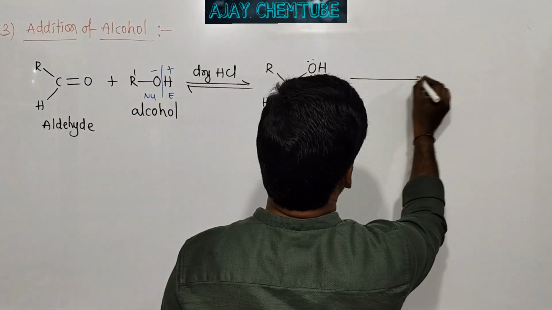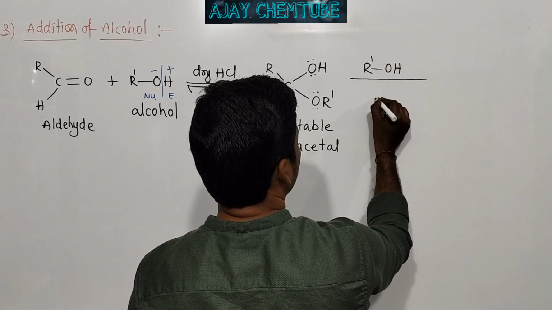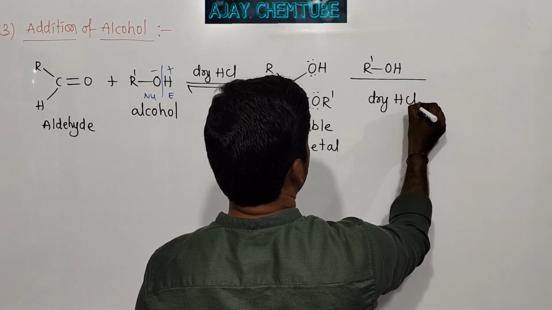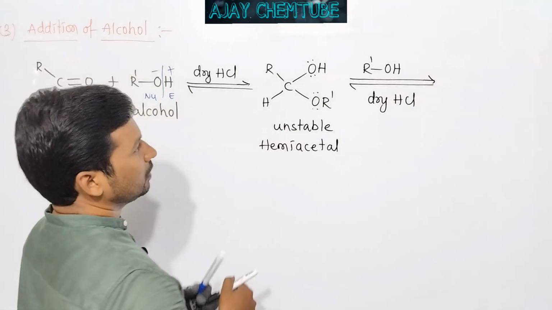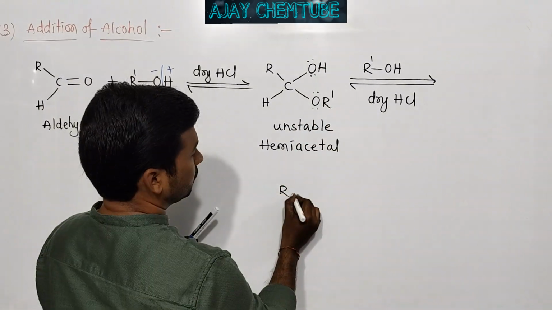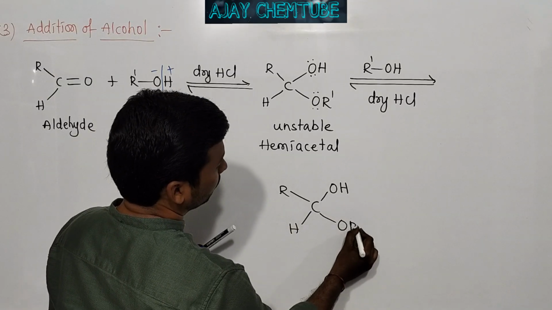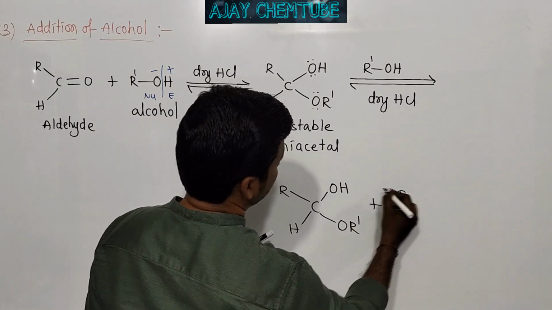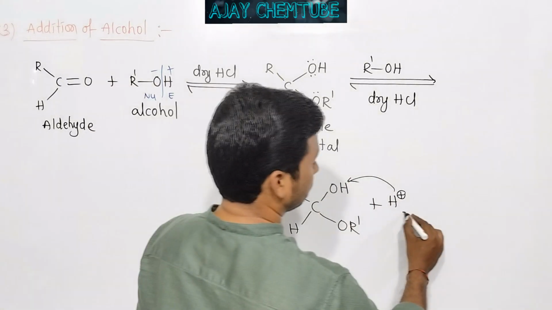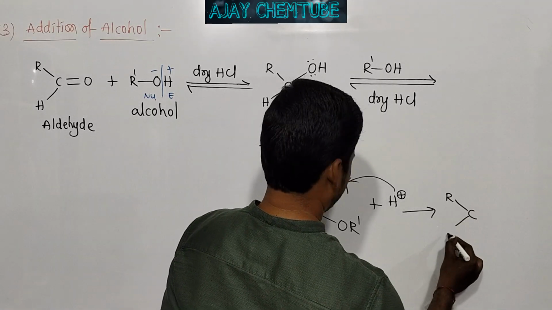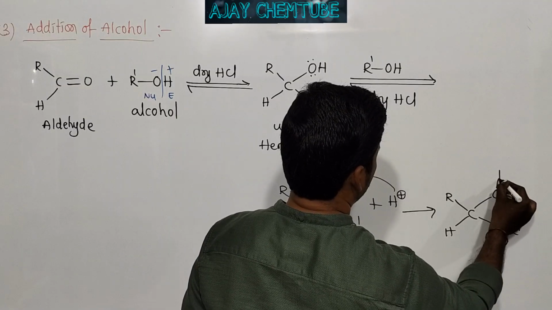To this, if you add one more alcohol molecule in presence of dry HCl, that is also a reversible reaction. Here what happened? First, H plus addition takes place, then this oxygen becomes positive, since one more H is added here.